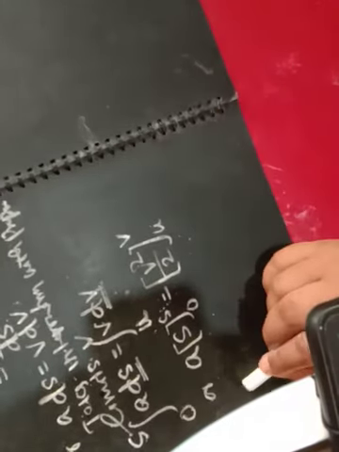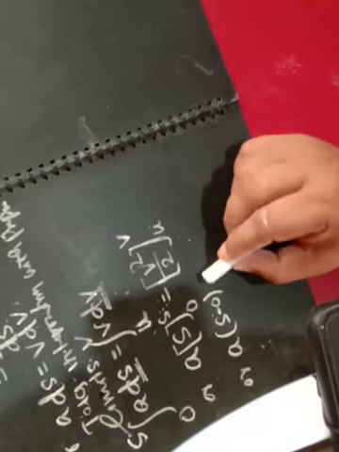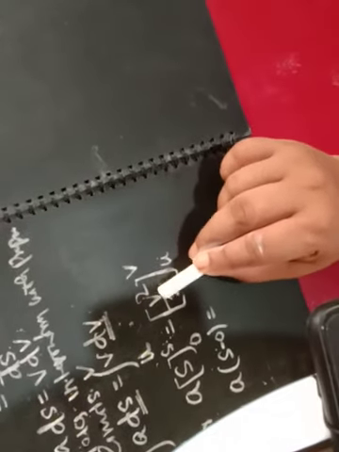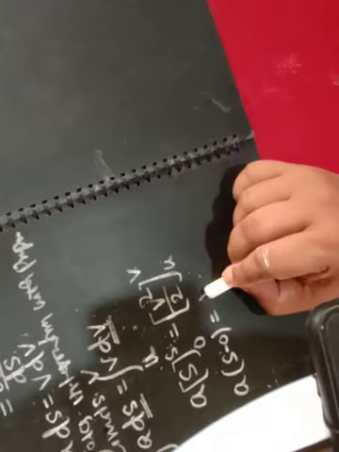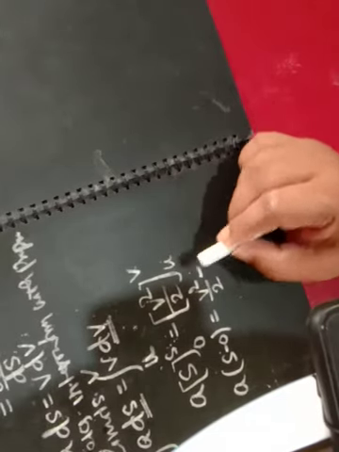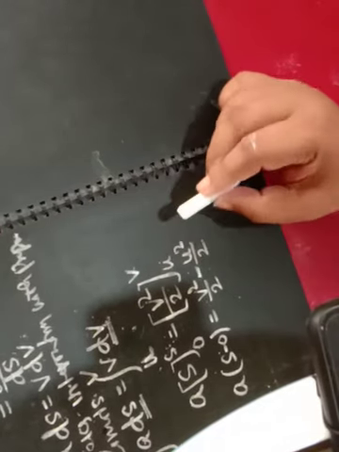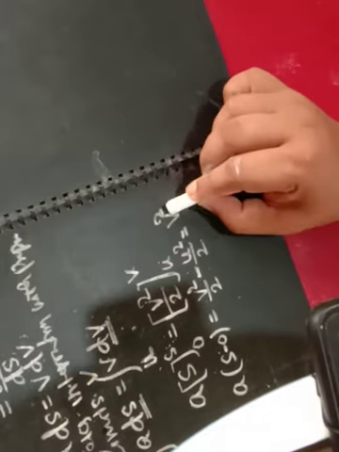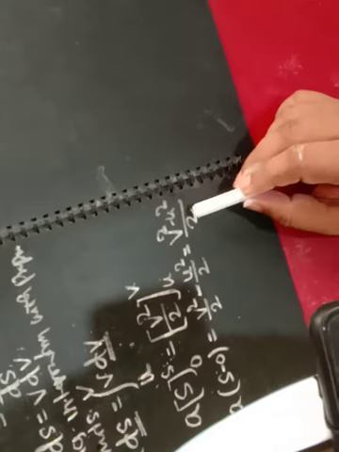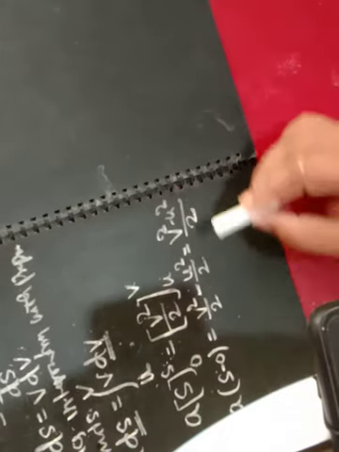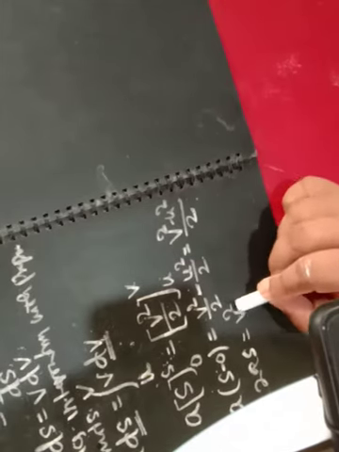Or that you are finding a into s minus 0, and that is equal to, in the definite integration, in place of v you are putting v, that is v square by 2, minus, in place of v you are putting u, that is u square by 2, or this is equal to v square minus u square by 2, and the 2 will be multiplied here, or 2as equal to v square minus u square.